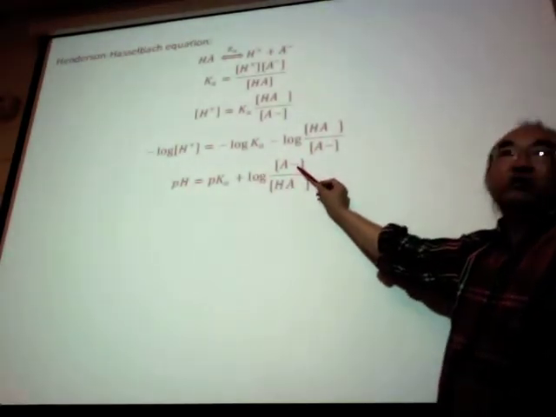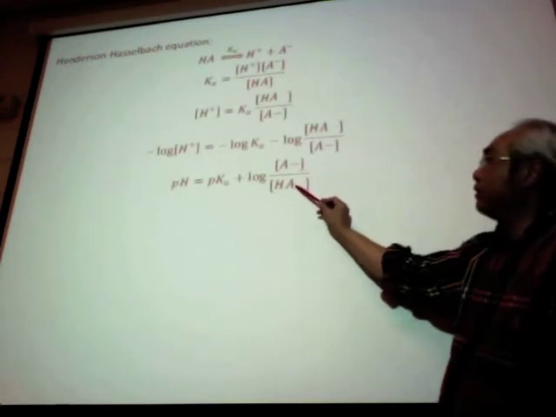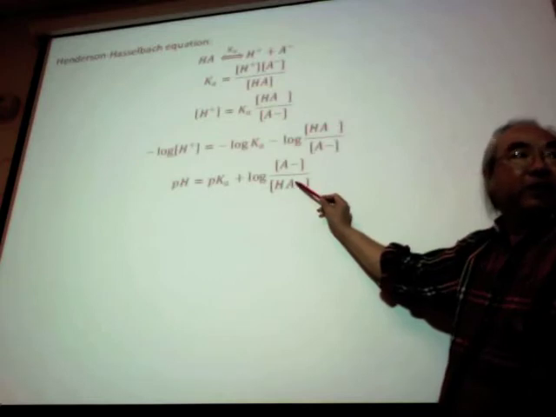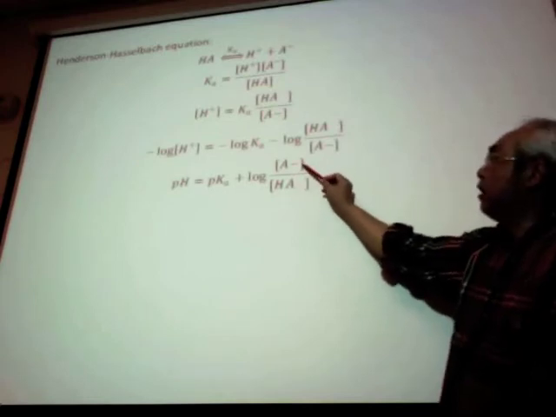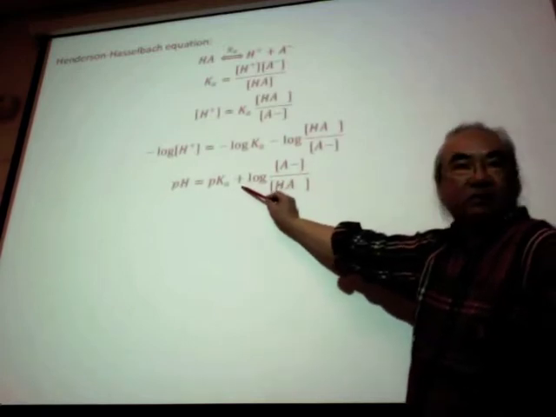So this is your salt, chemical externally added, and this is the corresponding acid externally added into the same solvent. Salt over acid, and it's a plus.